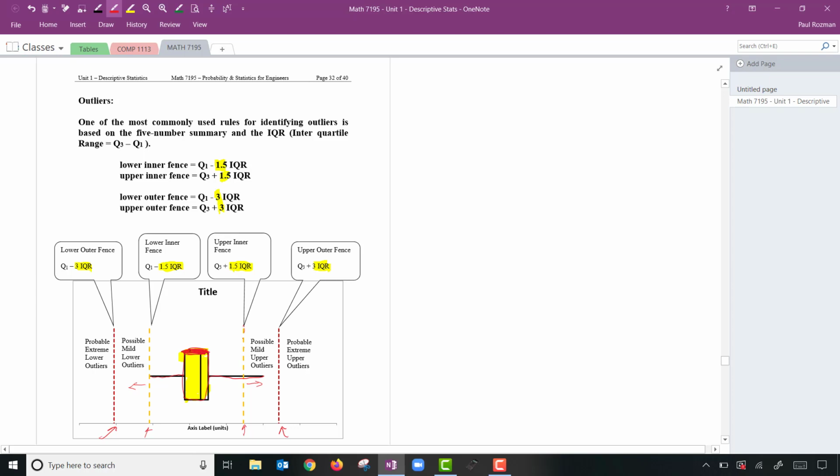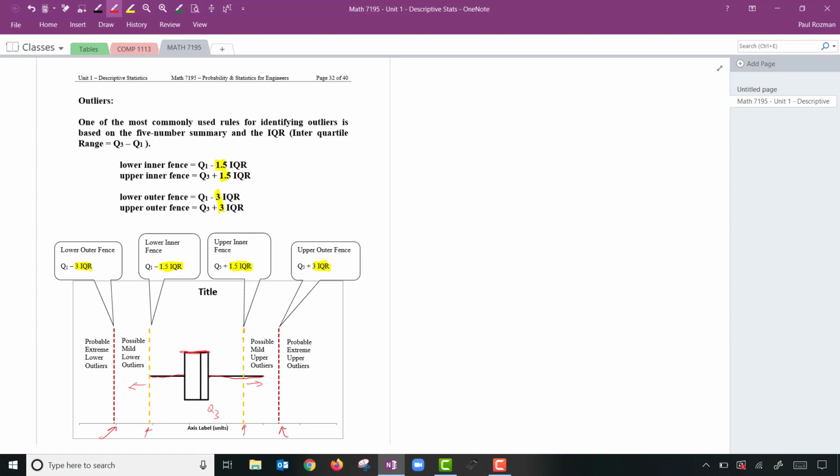So it's this width that I'm scribbling here. If I have 1.5 of those above Q3, so if I draw a box and a half, I end up at that fence. And if I draw 3 of these boxes, then I end up at the outer fence. I know I did that pretty poorly, but I think you get the idea. Of course, if I were talking to you right now, you'd be nodding or shaking your head.